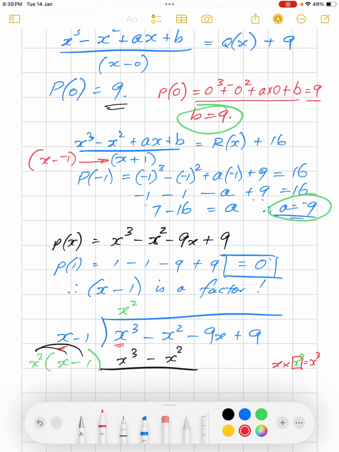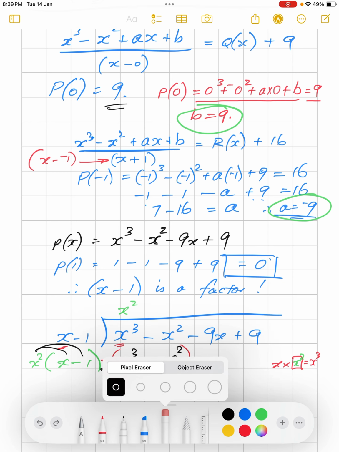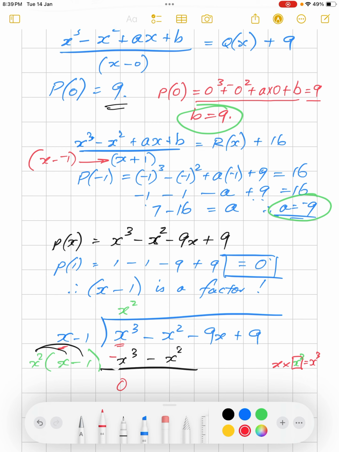So x cubed minus x cubed is 0, and negative x squared minus negative x squared is also 0. I like simply, when we get a minus, changing that to a plus and changing the other to a minus and then adding. So when you add, you get 0.